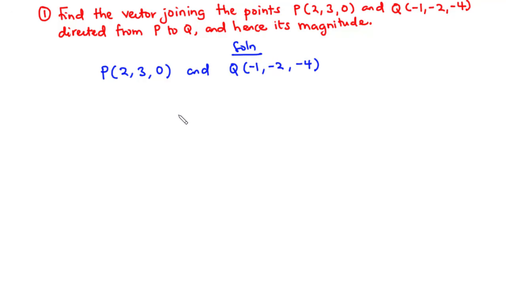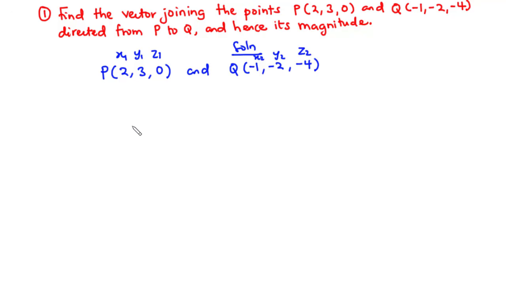Now from the question, you realize that the vector is said to be directed from point P to point Q. Therefore, point P is the initial point of the vector, and point Q is the terminal point of the vector. So the coordinates of point P are x1, y1, z1, and those of point Q are x2, y2, z2.